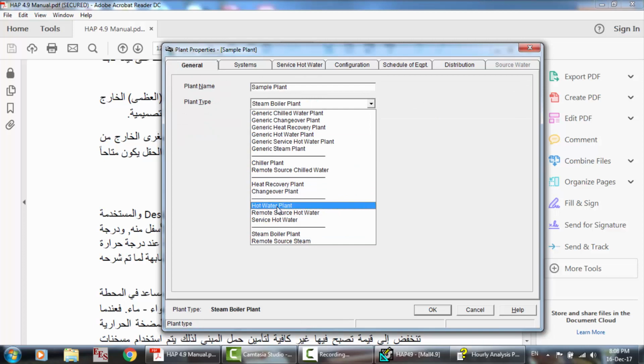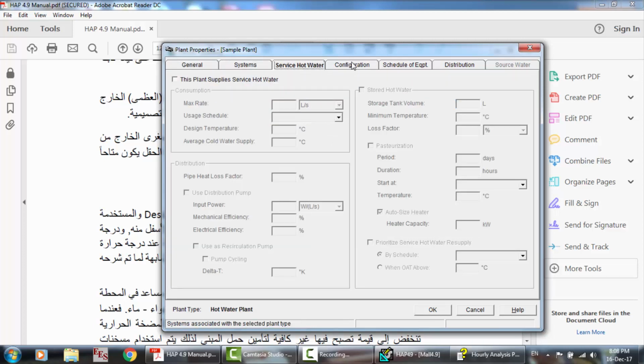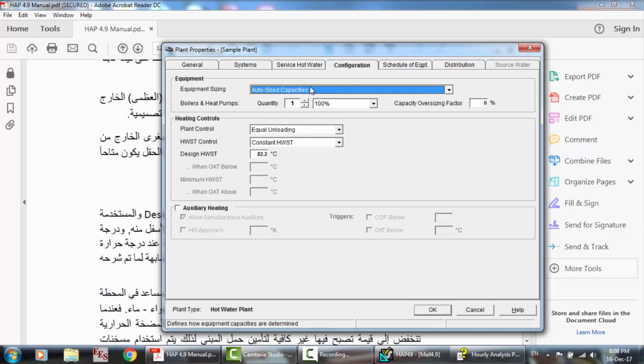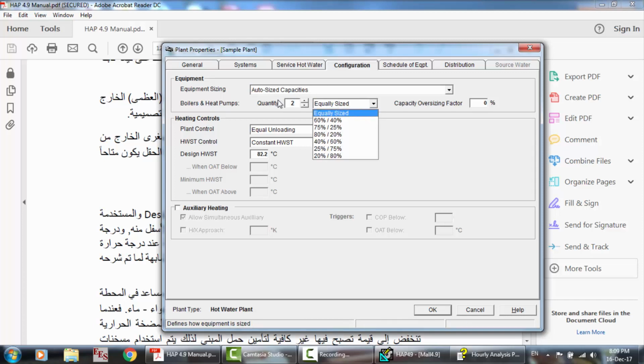So hot water plant, fan systems, this water configuration, like we have said, you can use auto-sized capacities or user-specified capacities, and here is the quantity, and here is the percentage, like this. Exactly, capacity oversizing factor and heating controls, the same things, and constant or reset.